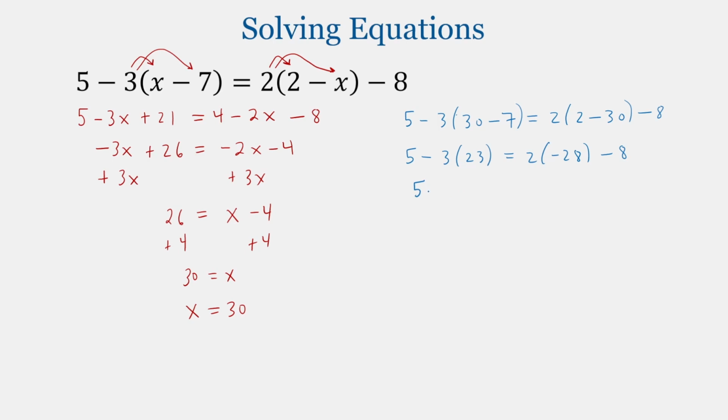Now we do multiplication. We get 5 minus 69 equal to -56 minus 8. This gives us -64 equal to -64. And that's a true statement. So the solution to this equation is x equal to 30.